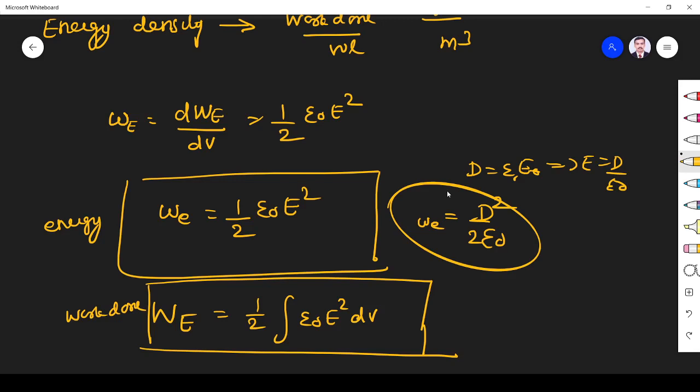Right. So this is the amount of energy present in the assembly of charges. So that's the energy density. It depends upon the permittivity and the electric field only.